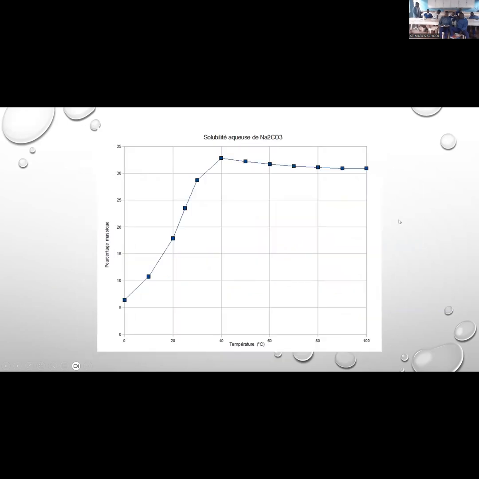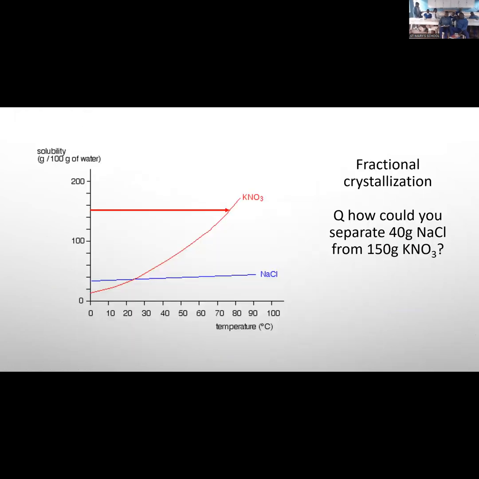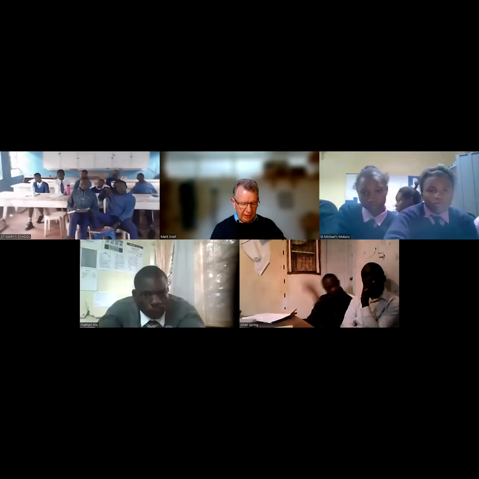And then we saw that if we start with a lot of potassium nitrate and a smaller amount of sodium chloride, we can separate them if we heat it up to a certain high temperature and then let it cool down, but the potassium nitrate comes out of solution and the sodium chloride stays in, and therefore we separate them.